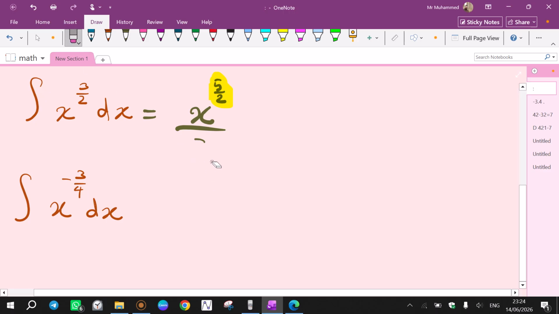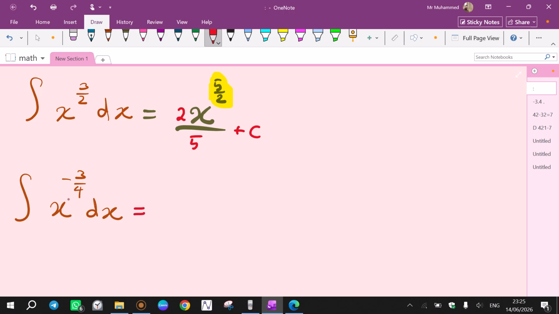Instead, flip the fraction immediately. That saves time. So x power 5 over 2, and here I write the reciprocal, 2 over 5 plus c. This is the integral. Later we learn how to simplify this. X power 5 over 2 is not the simplest form.